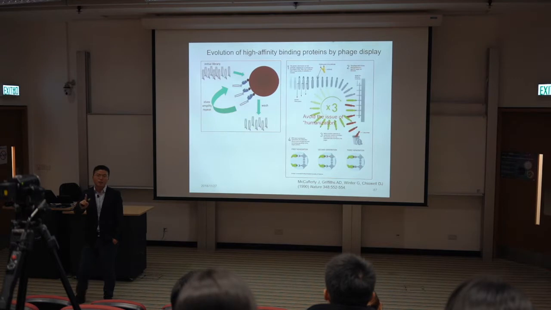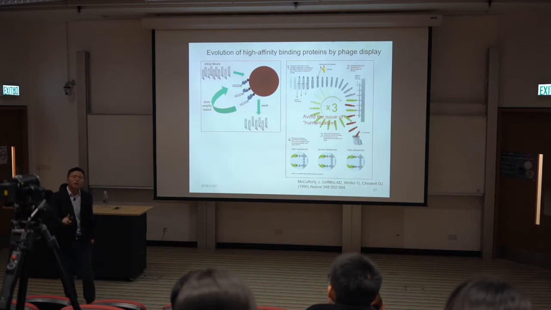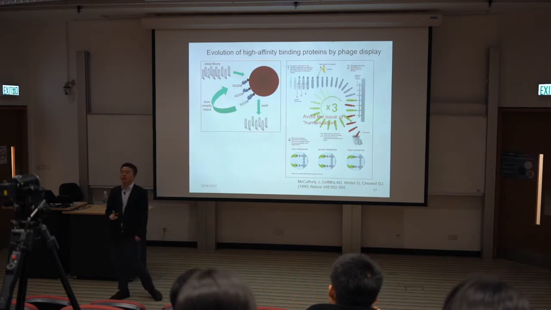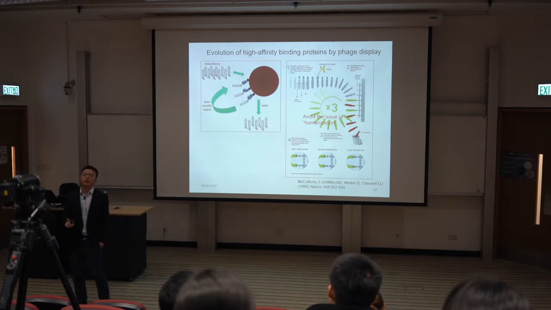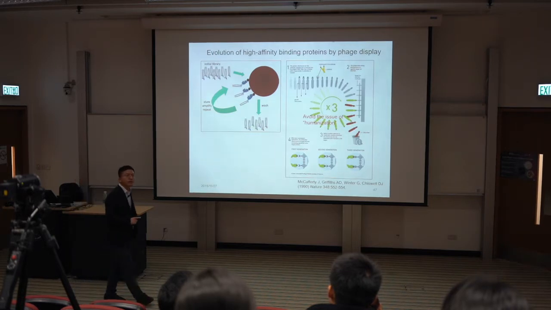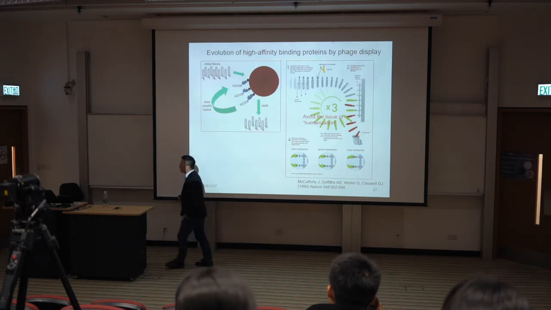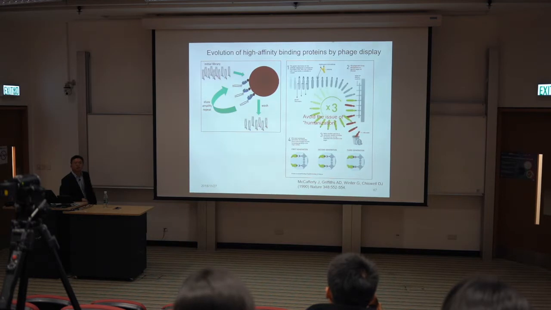The problem with hybridoma is that they can only generate mouse monoclonal antibodies. If you want to use monoclonal antibodies for human therapies, you have to humanize them. It's extremely challenging, okay? That's a big bottleneck for using monoclonal antibodies for therapeutics.